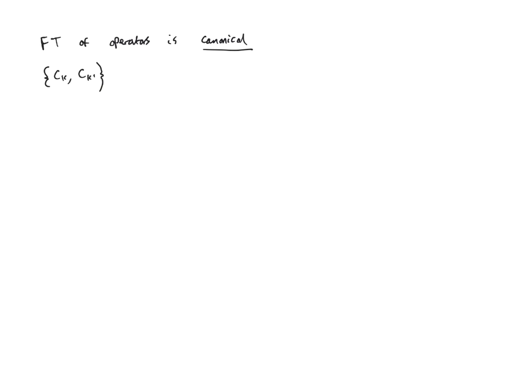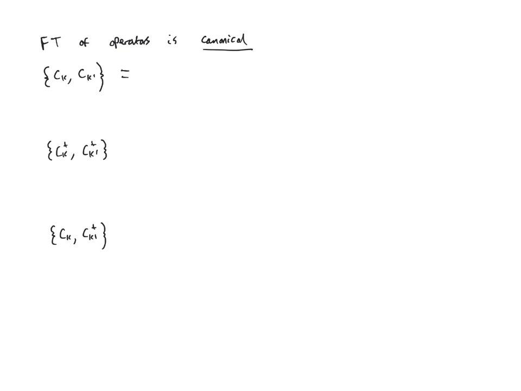There's the anti-commutator of ck and ck primed. There's the anti-commutator of ck dagger, ck primed dagger. And there's the anti-commutator of ck and ck primed dagger. And this last one, of course, is non-trivial.